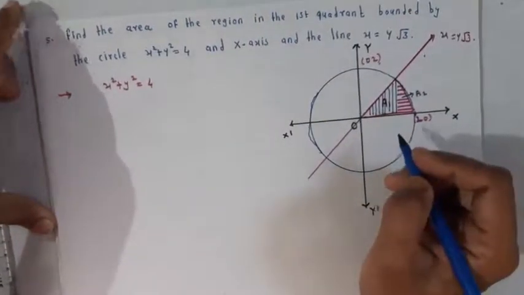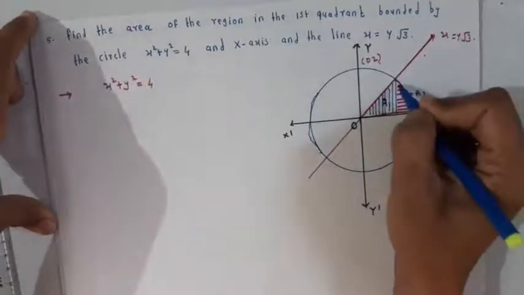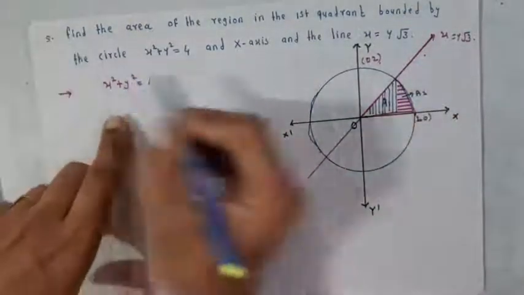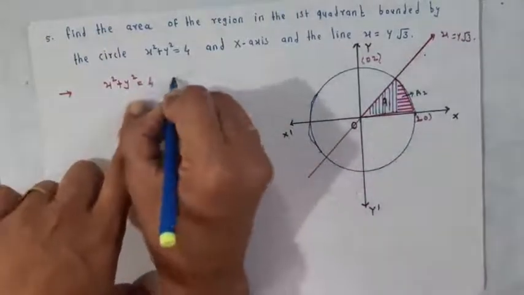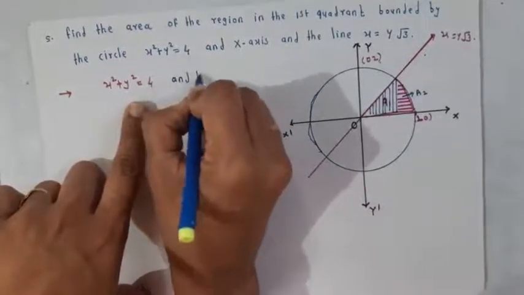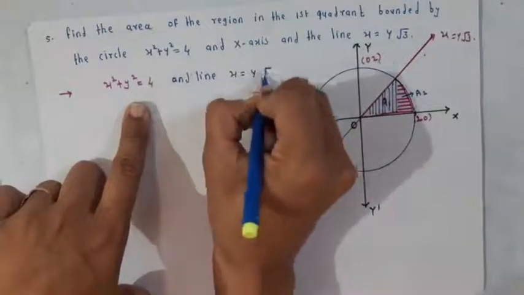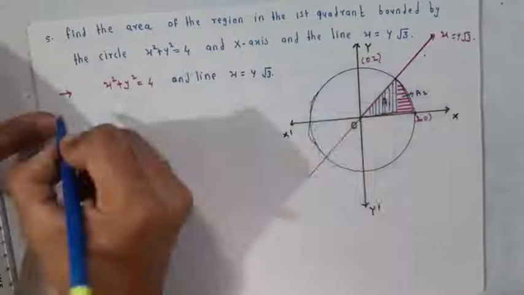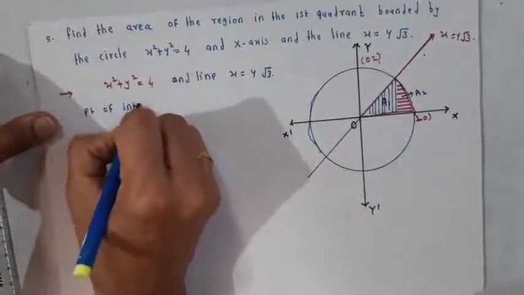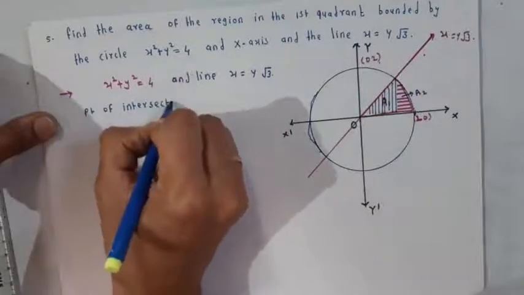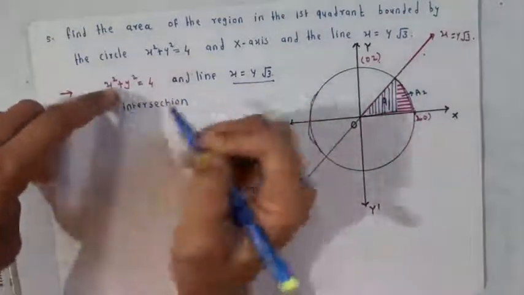So first let us find out the point of intersection of the circular curve, that is x square plus y square equal to 4, and the line x equal to y root 3. To find the point of intersection, put the value of x in the circular curve.